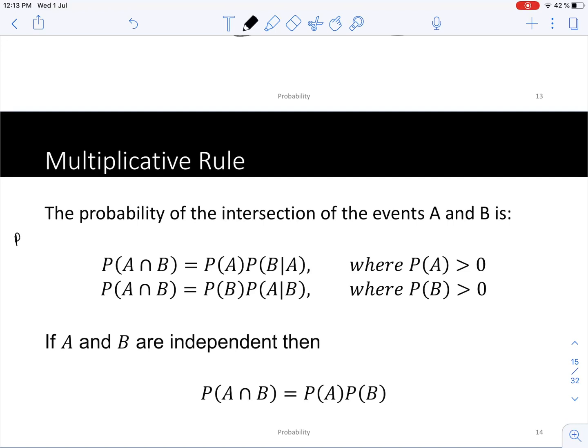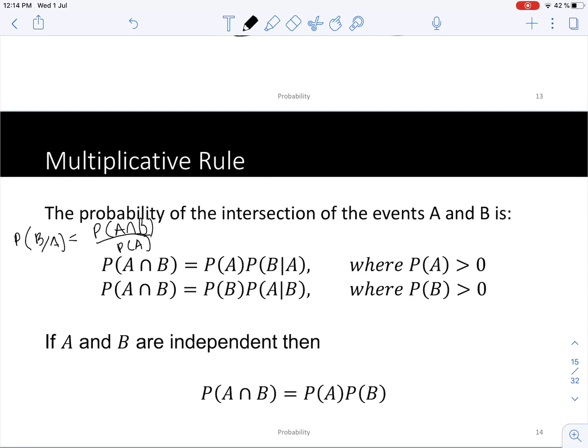Remember, in the previous video, we said that the probability of B given A is equal to the probability of A intersection B, or B intersection A, it's the same, over the probability of A, right?